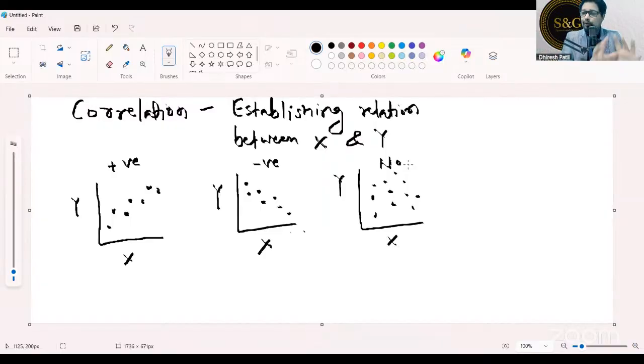Now, let me give you a positive correlation example. Let's take the case of the taste of tea. X is sugar and Y is taste of the tea.